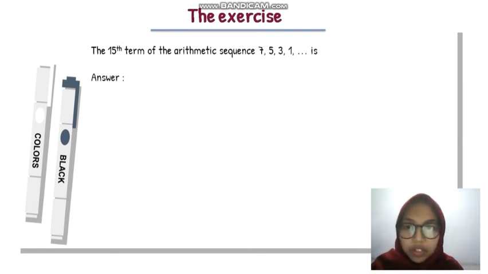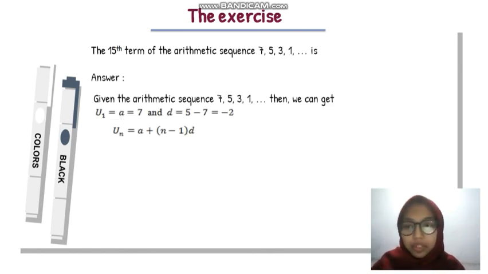The 15th term of the arithmetic sequence 7, 5, 3, 1 is the answer. Given the arithmetic sequence 7, 5, 3, 1, then we can get u sub 1 equals a equals 7 and d equals 5 minus 7 equals minus 2. u sub n equals a plus n minus 1 times d.